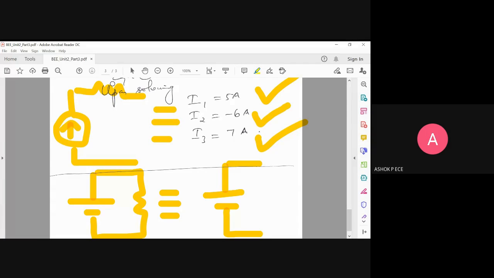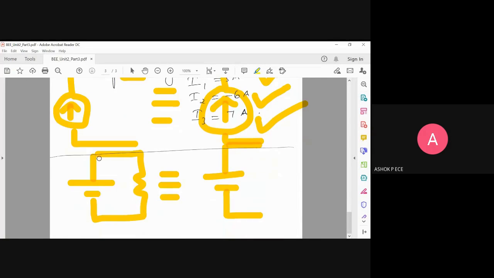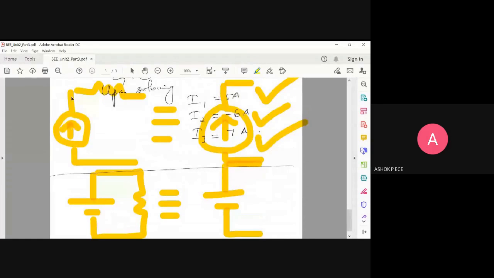You can neglect the resistor. If you remember these simplifications, some circuits become even easier. The conventional logic is that a voltage source should have a series resistance and a current source should have a parallel resistance. But if you get the opposite combination, you can simply ignore that resistance and proceed with the calculation. That will make your problem very, very simple.